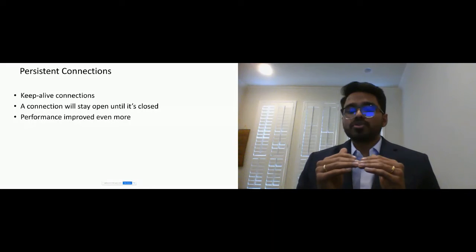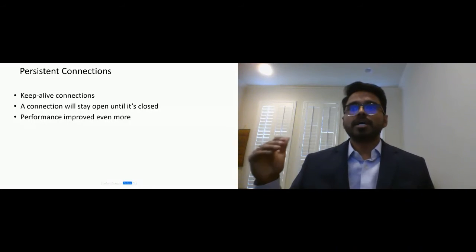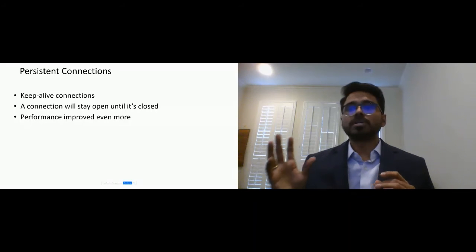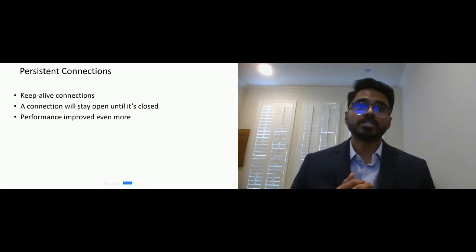So if you have 10 requests, that is 30 extra round trips between the 2 applications, which is a huge overhead. The solution that HTTP 1.1 introduced was persistent connections.